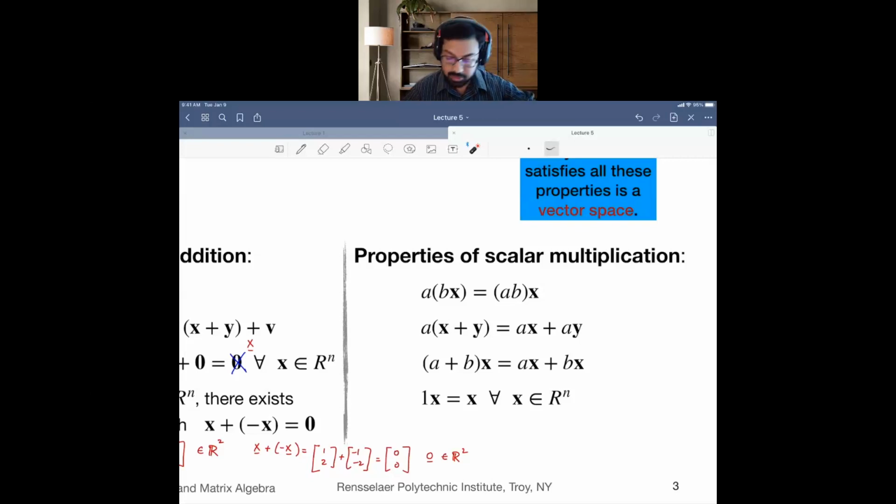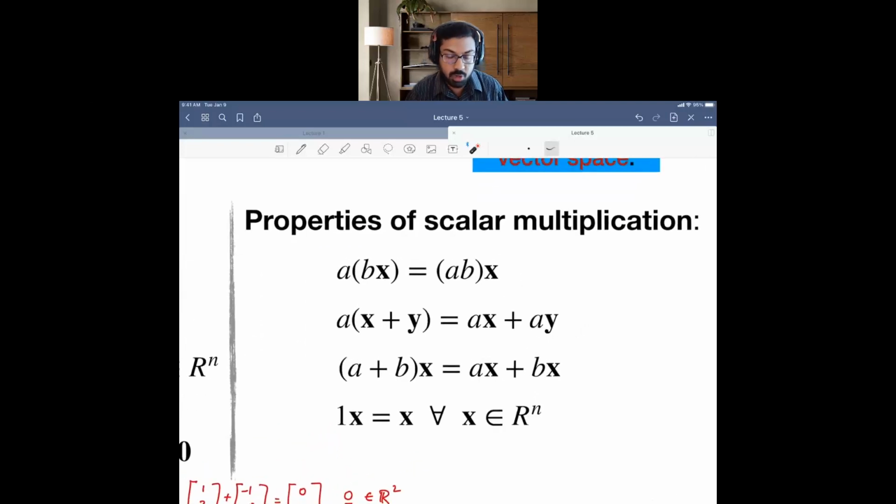Okay, let's continue. The properties of scalar multiplication. So now you have two scalars, small a and small b, that we are using for multiplication over this x, right? So x belongs to R to the n. It's a column vector.